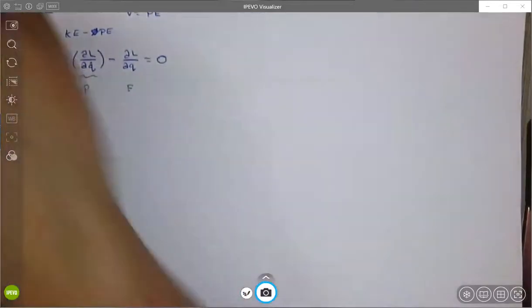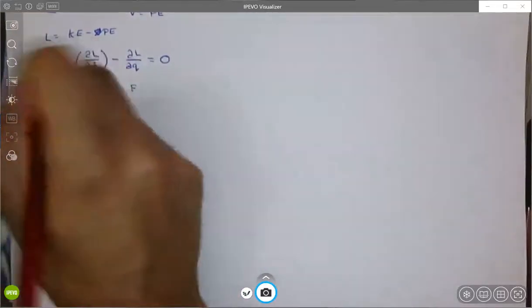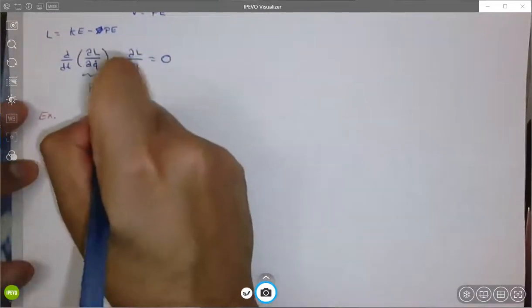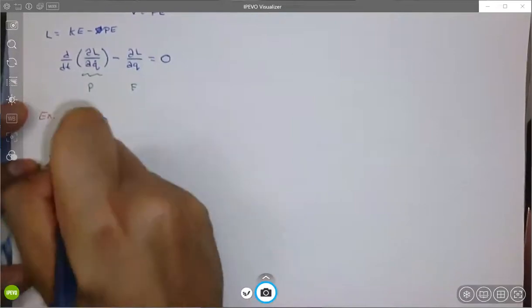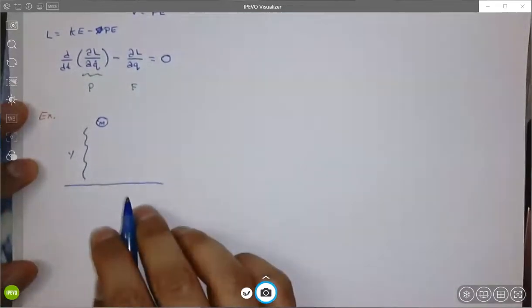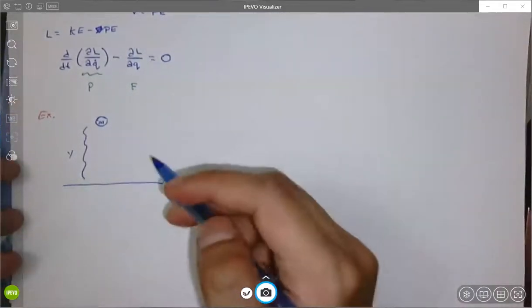Okay, so the first example, example 1, is going to be, we have a ball of mass m, and it's going to fall a distance y and hit the ground right here. So what do we know? This is an easy free fall situation.